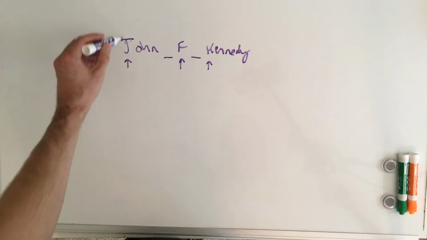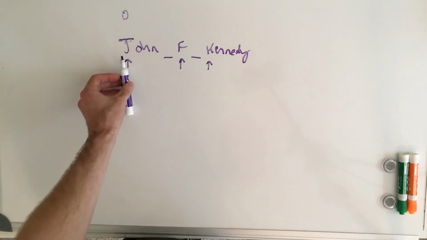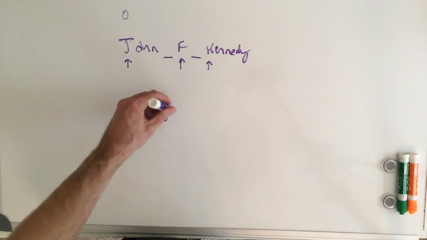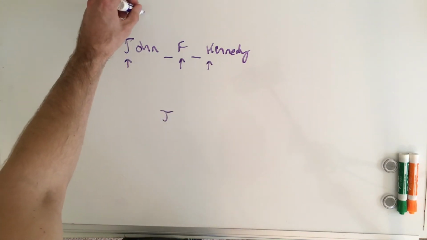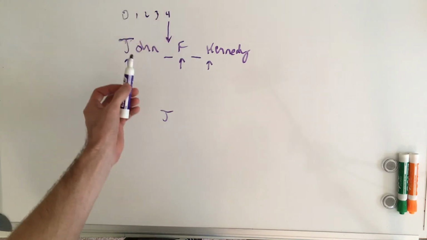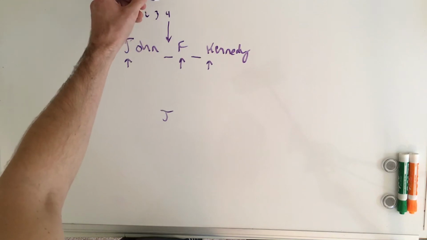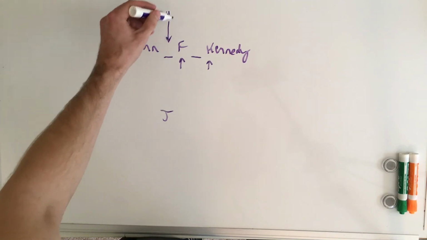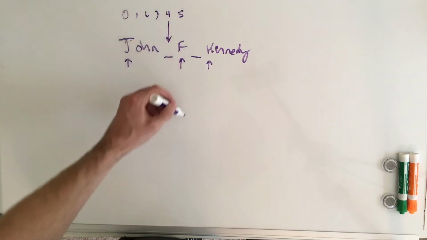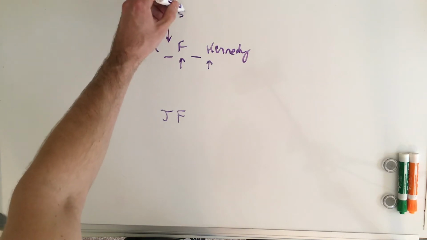So for instance, we could start at index 0. We see the first character is a J, so we go ahead and print it out. Increment to 1, to 2, to 3, to 4. We found a space, so the next one we print out is going to be a character. So when we hit 5, we print out F, set something to false in the program, and continuously increment.